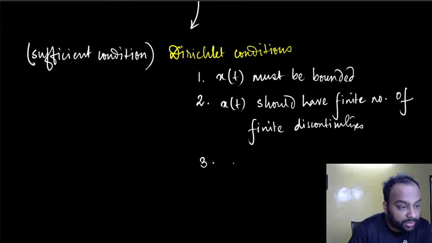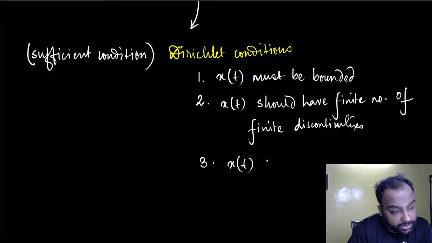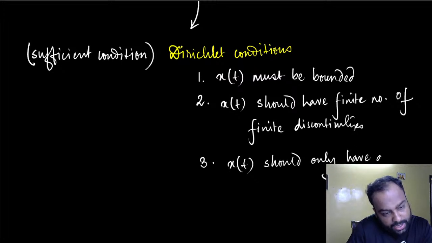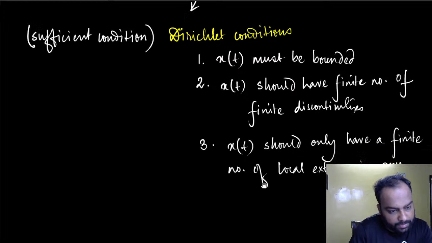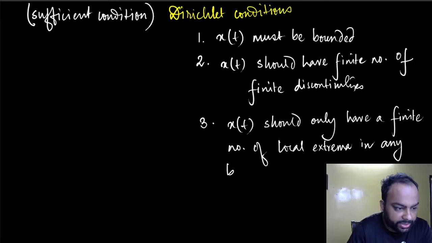And number three, x(t) should only have a finite number of local extrema in any bounded region.